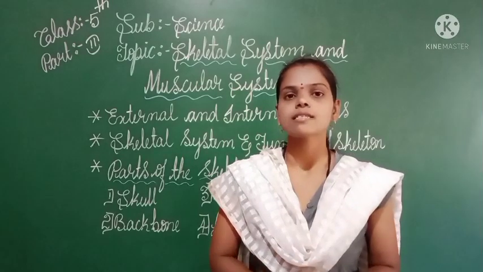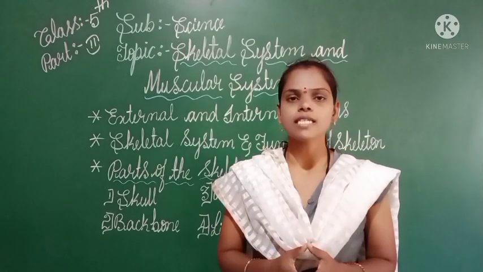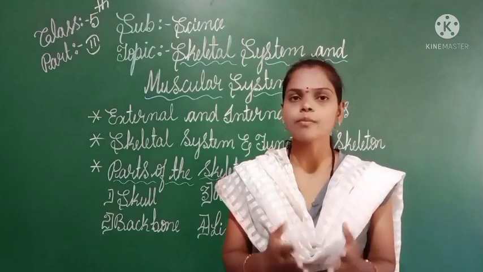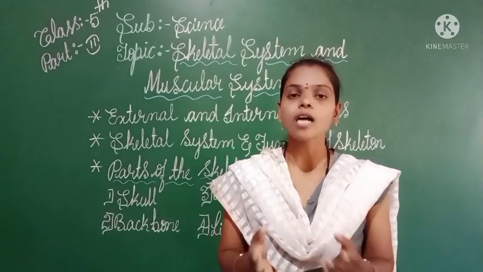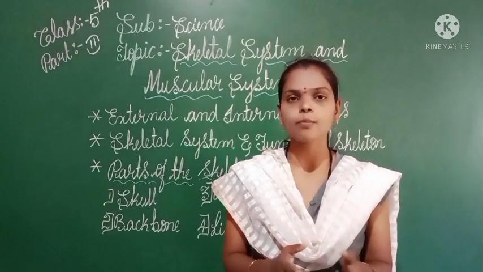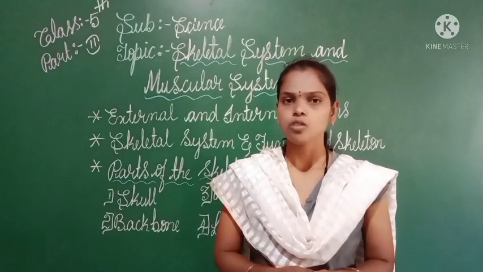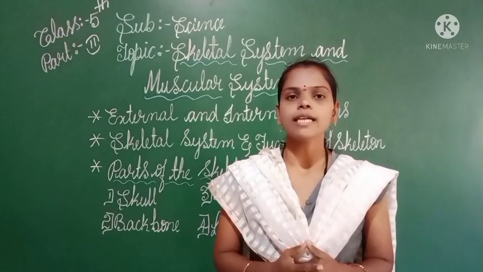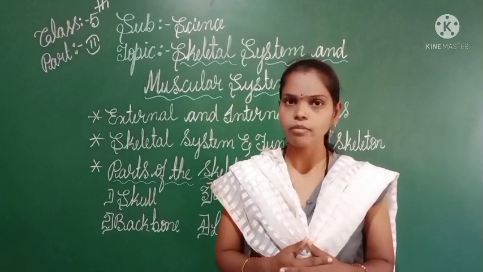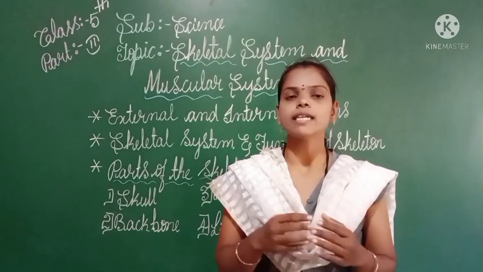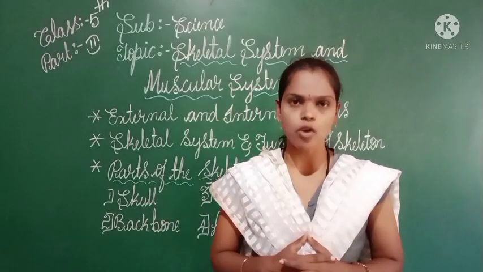In the bone we can see bone marrow. And what is the main function of bone and how does it look? Bone is hard on the outside, but inside it is soft and spongy.